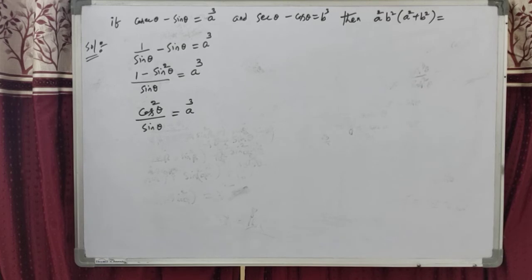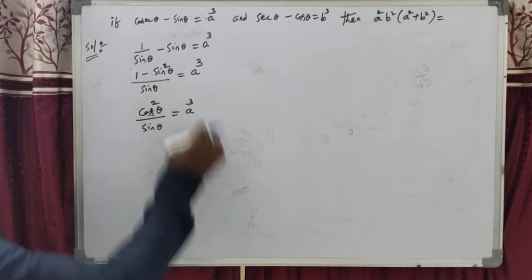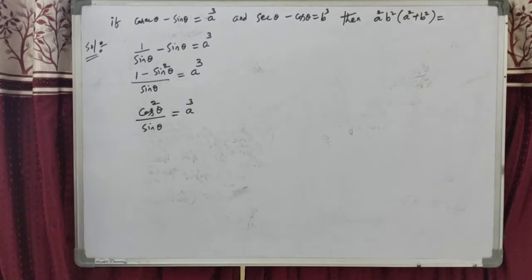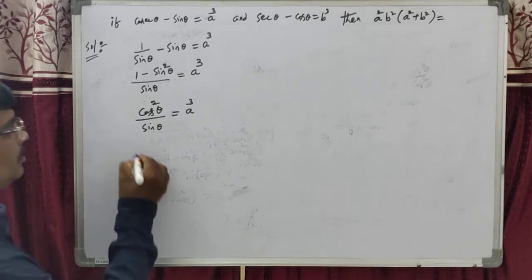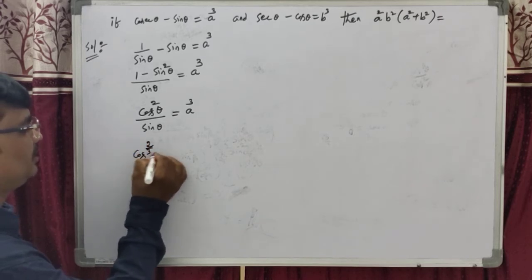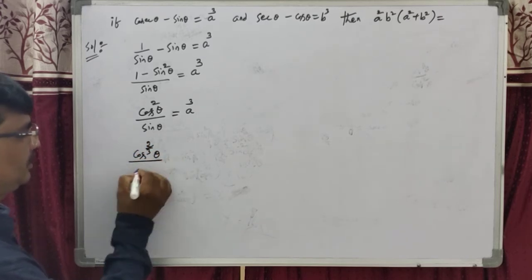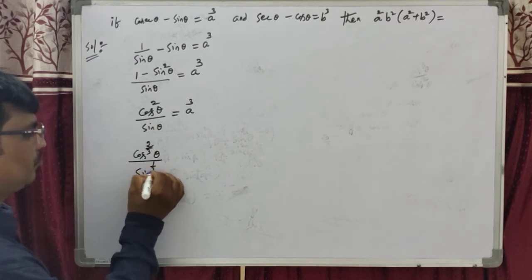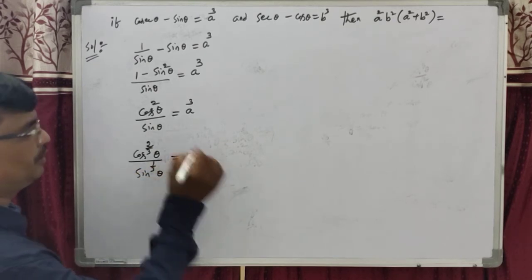Okay students, now what my observation is, here this is cos a cube is there. Now this will be sent to the other side. Dear students, cos power 2 by 3 theta sin power 1 by 3 theta equal to a.